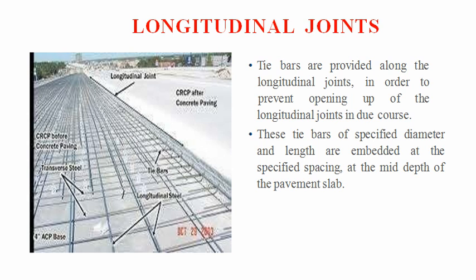Next, the tie bars in the longitudinal joints. The tie bars are provided along the longitudinal joints in order to prevent the opening up of the longitudinal joints in due course of time, which can be under the influence of temperature variations, vehicle loadings, etc. These tie bars have a specified diameter and length, and are placed at a specified spacing at the mid depth of the pavement slab.